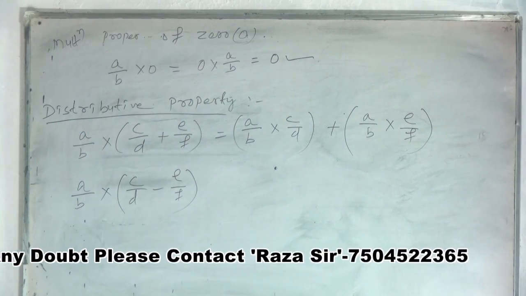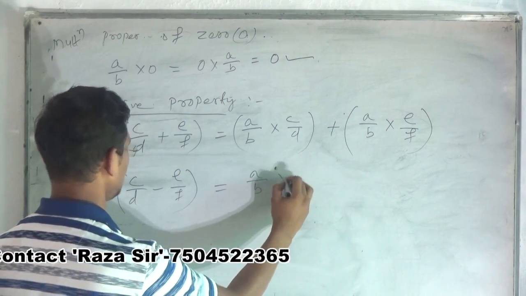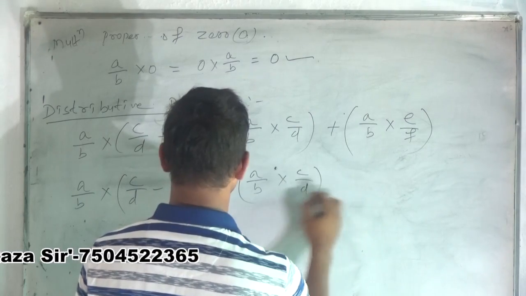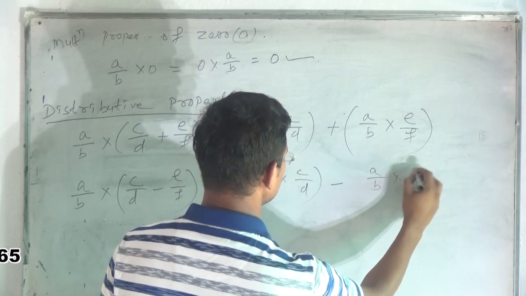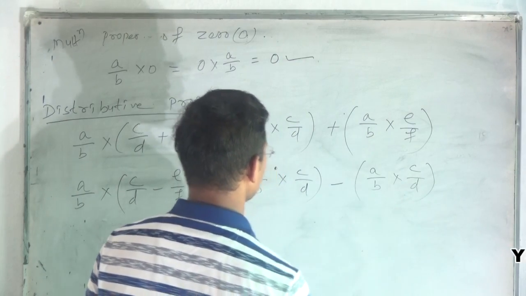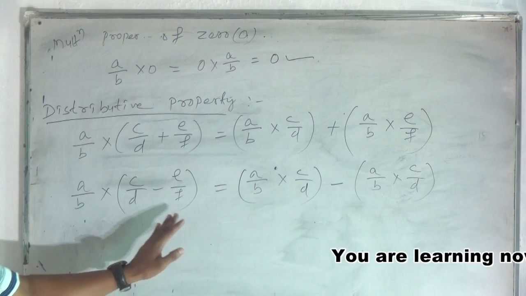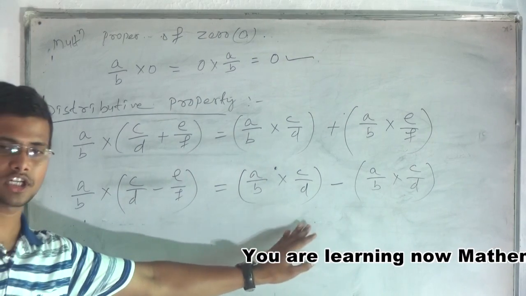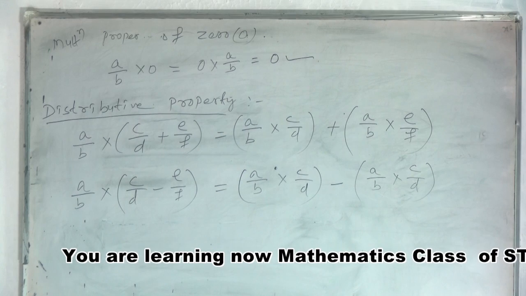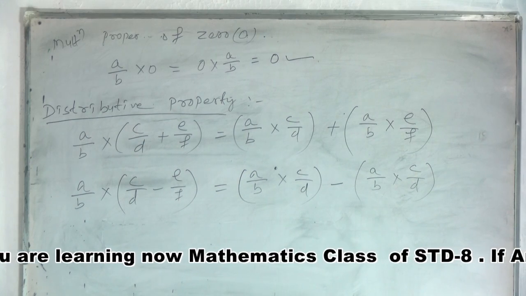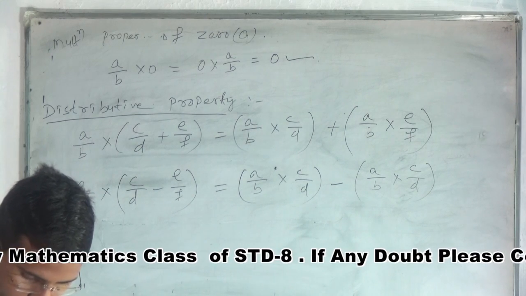For distributive property of subtraction, A by B into C by D minus A by B into E by F. Here also the answers of LHS and RHS are equal. That means the distributive property over addition of rational numbers is obeyed.